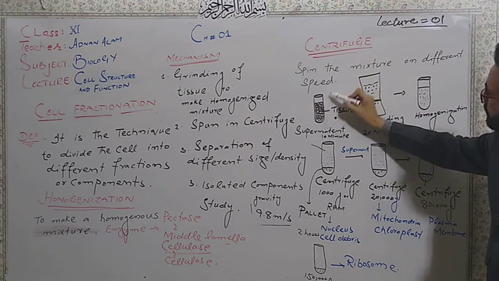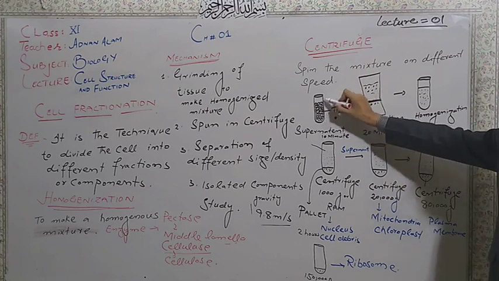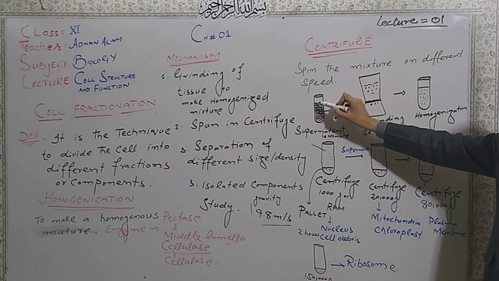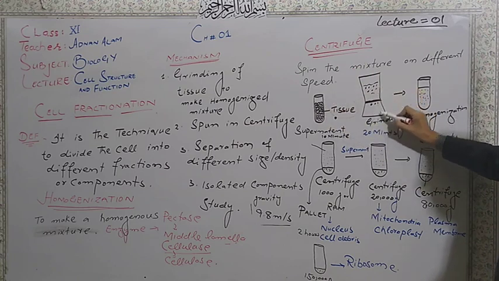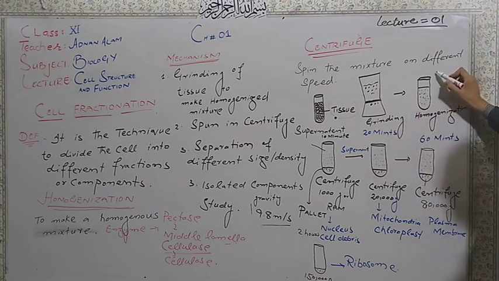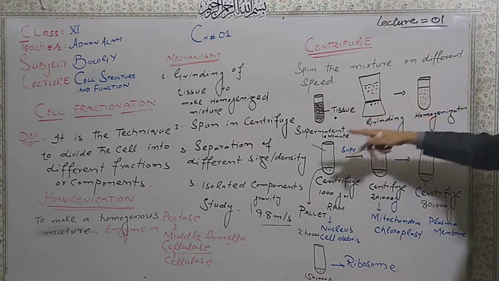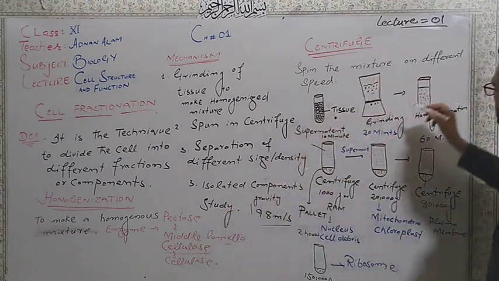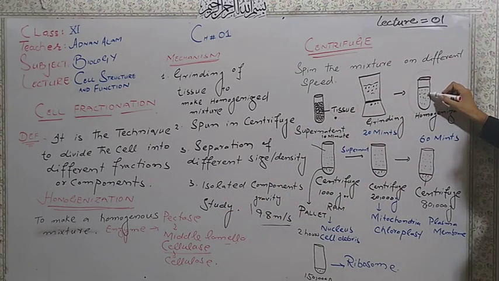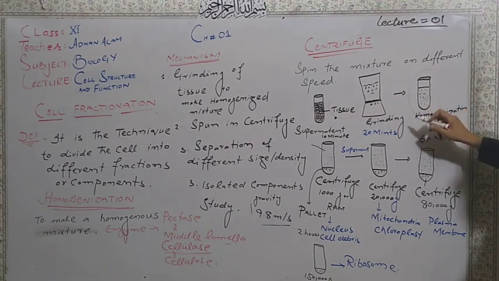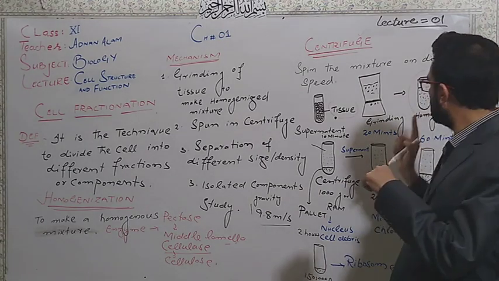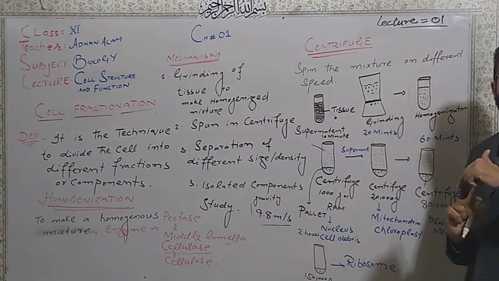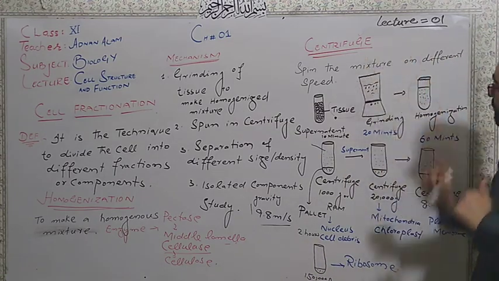We take the tissue which is desired for cell fractionation. We will grind it in a grinder, and then we will take the homogeneous mixture, apply different types of enzymes to make a homogeneous solution, then spin this homogeneous mixture at different speeds in the centrifuge machine.